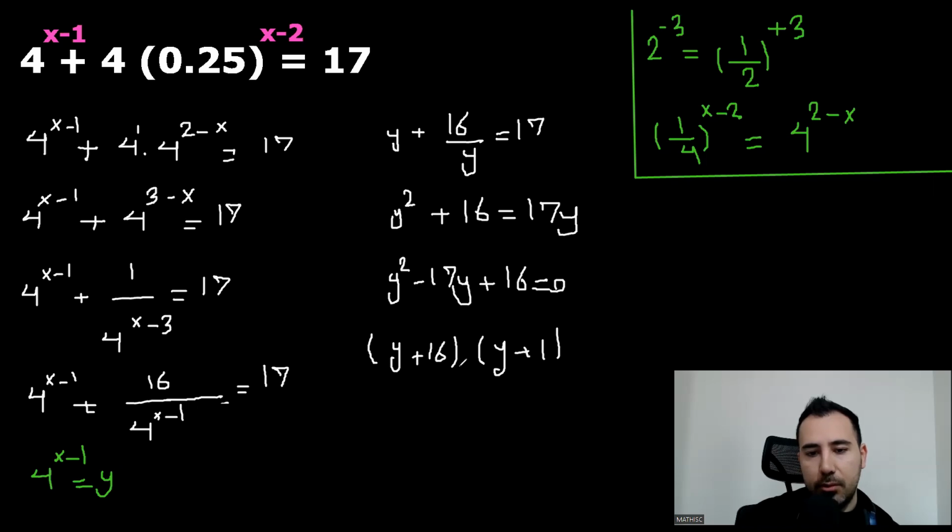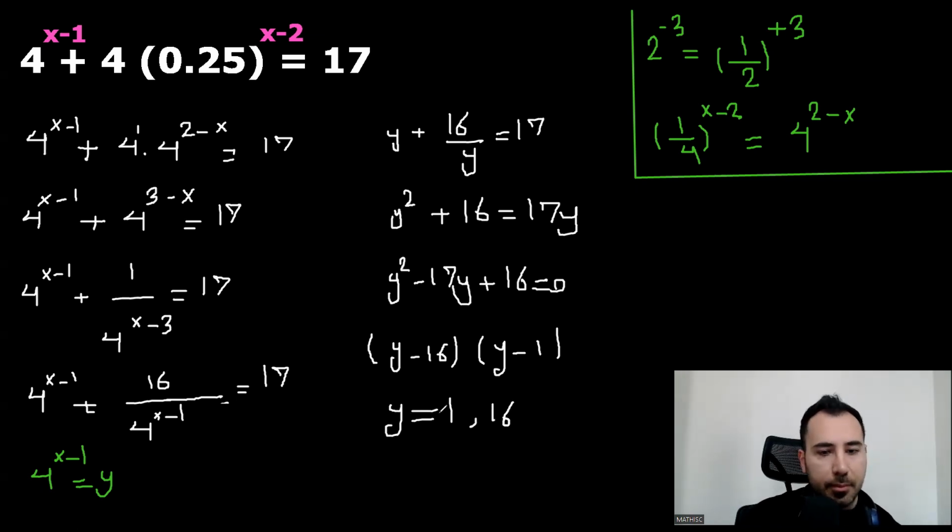No, because when we multiply them, they give 16, but when we add them, they give positive 17. For that reason, both of them become negative 1 and negative 16. So for that reason, y could become either 1 or 16.